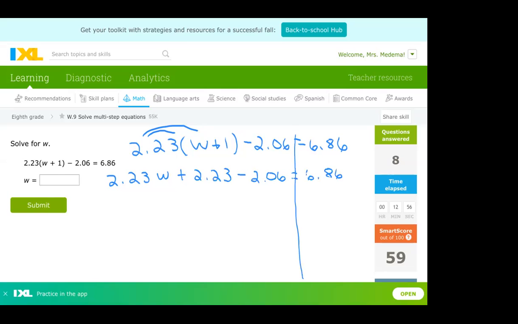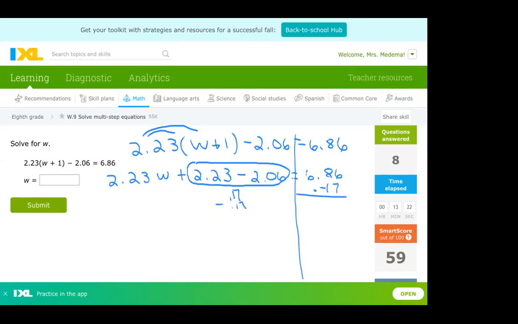Draw my fence. All right, so combining what I can. I have to look at this right here first. I can combine it before I move it and then move it at the same time. So 2.23 minus 2.06 is 0.17. And then I'll minus it away. Minus it over here.